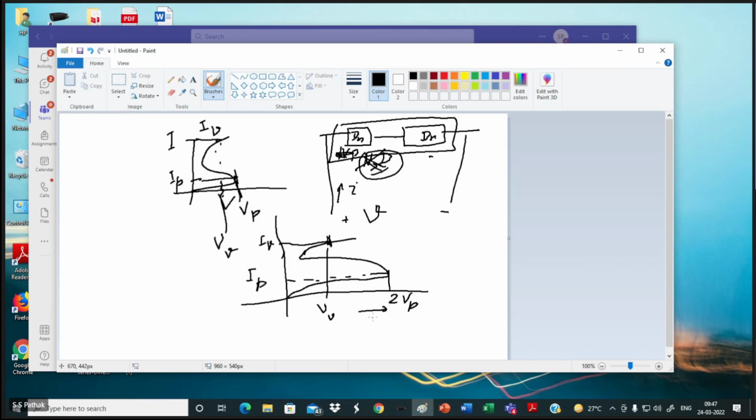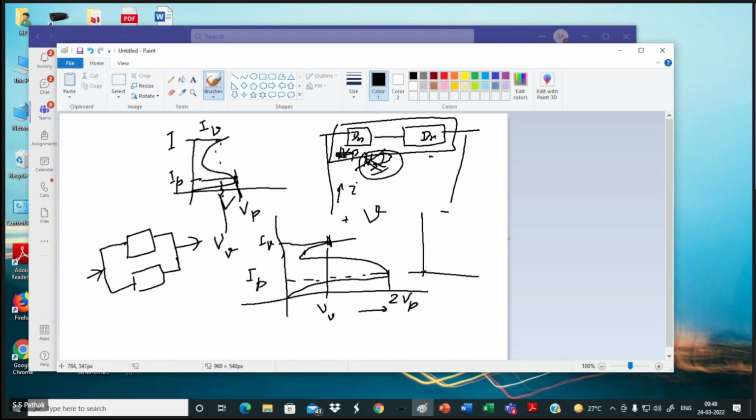If I put them in parallel, what is going to happen? This and this I'm putting in parallel, the same device, and after that they are added here. Going like that. Here, the curve will be changed.